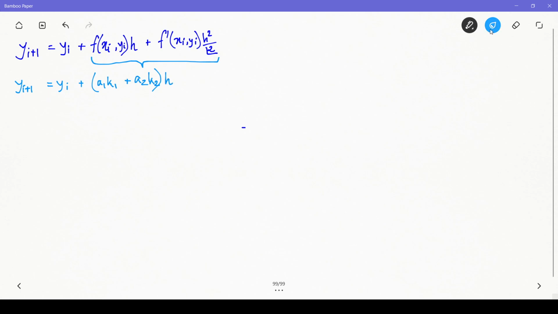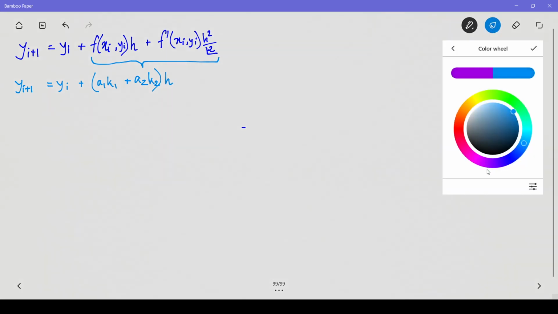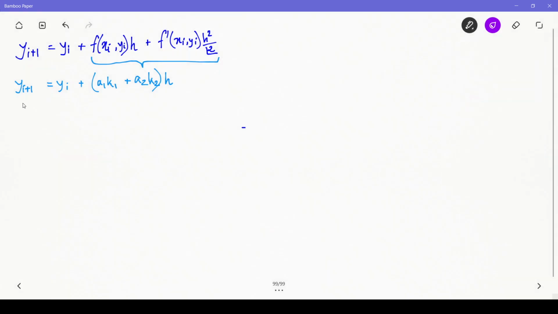Okay, so we can say this is something like y equals c plus mx. So this thing we can call the new value of the dependent variable, y sub i plus 1, which is the value of the variable y at the i plus 1 step.